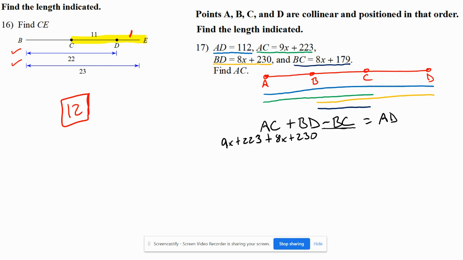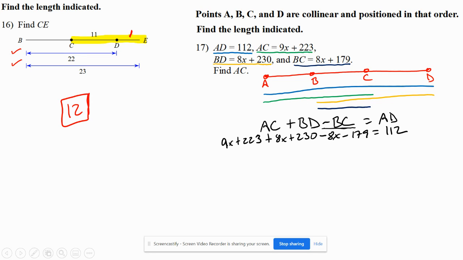Your algebra teacher said when you subtract polynomials, you just change the signs of the polynomial BC. So let me write this as minus 8x minus 179. And I'm going to say this is equal to 112 because that's AD.